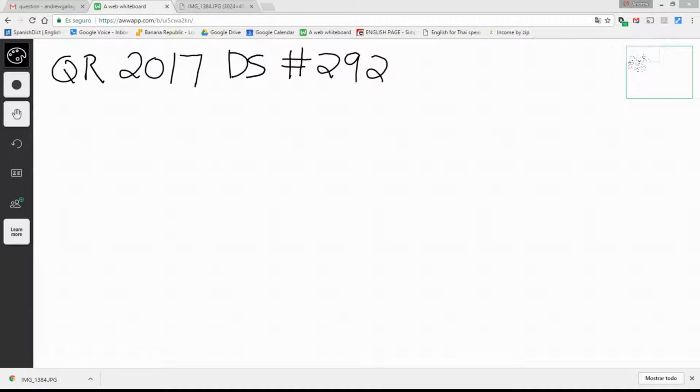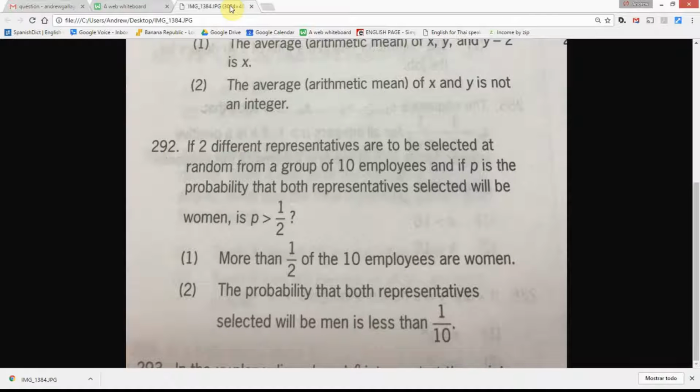We are going to do data sufficiency problem 292 from the Quantitative Review 2017. Now, this is what the problem reads.